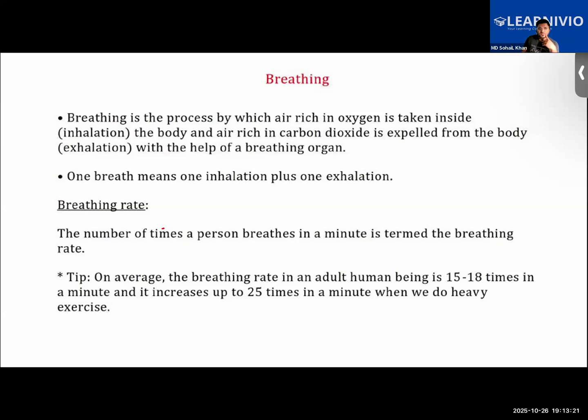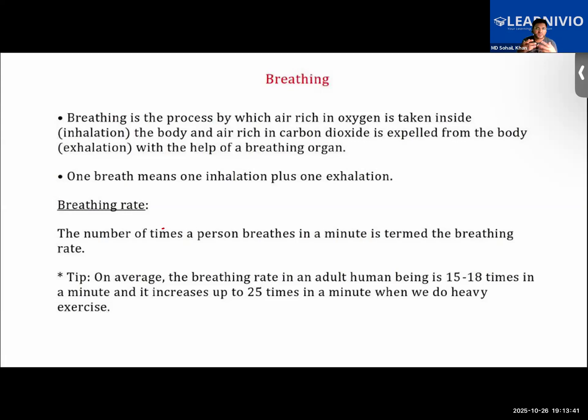So it's a process by which air rich in oxygen is taken inside. That process is called inhalation. Then your body produces different kinds of waste materials. Carbon dioxide is one such waste material produced inside the body. So that needs to be expelled from your body.